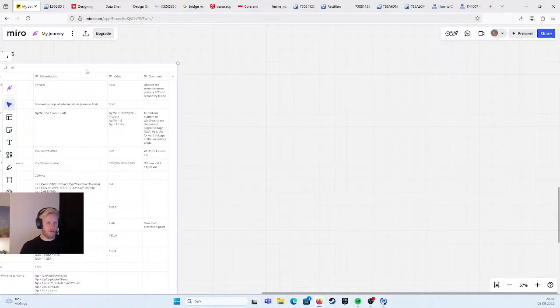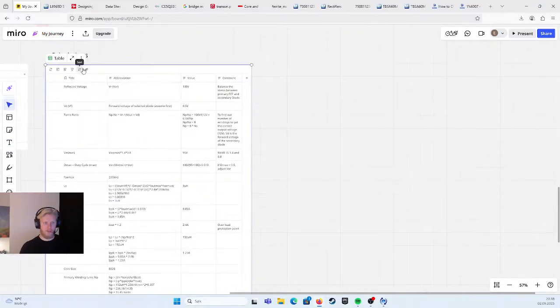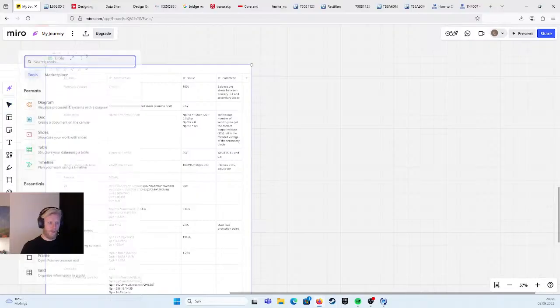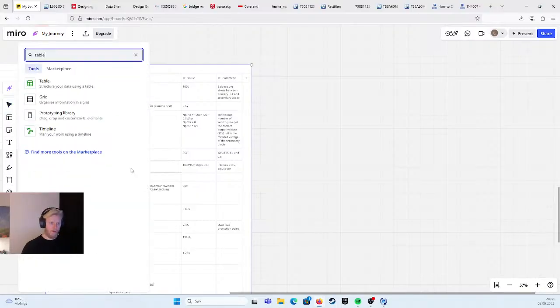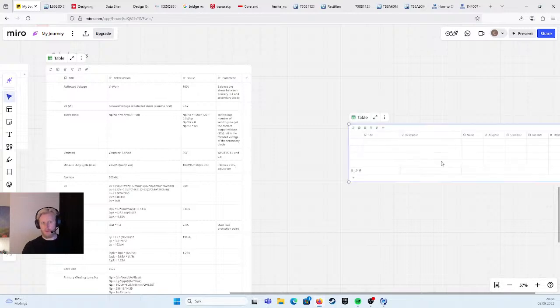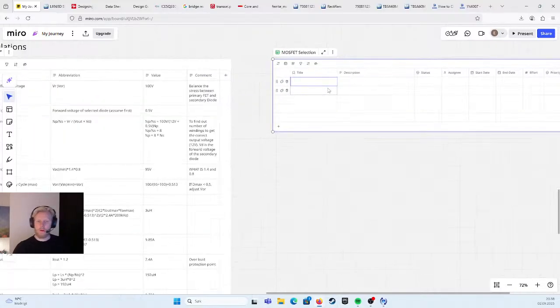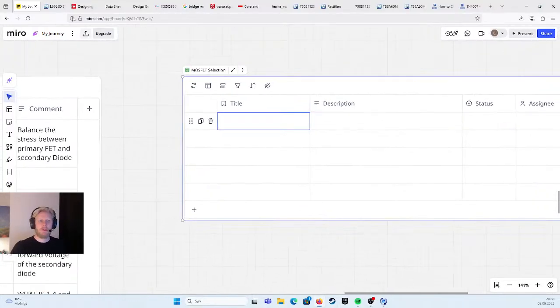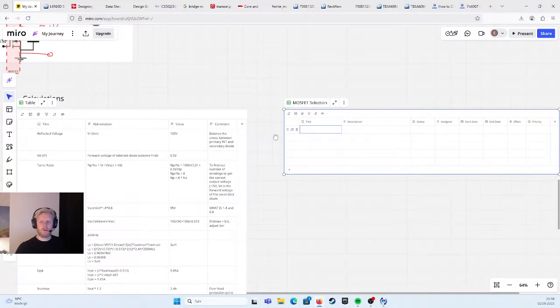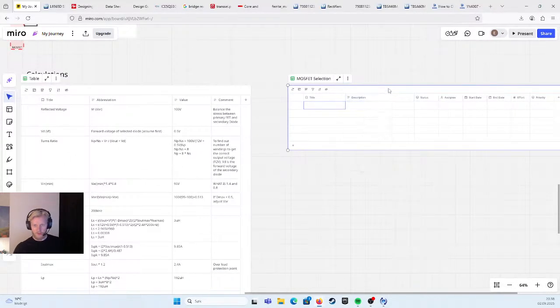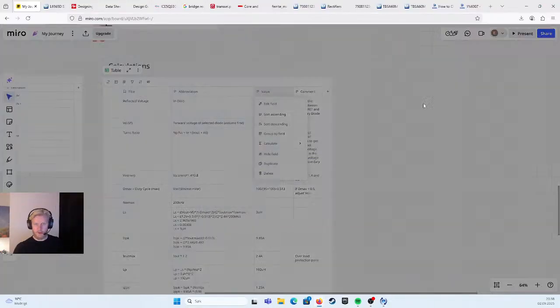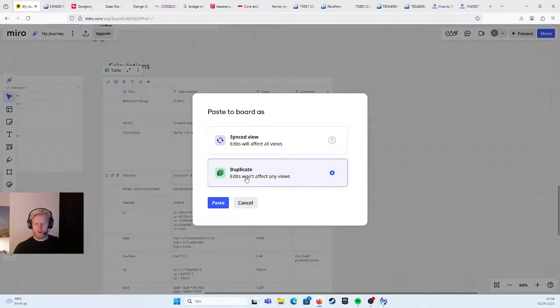I would just do a table, MOSFET selection. Wait, I will take this, duplicate.